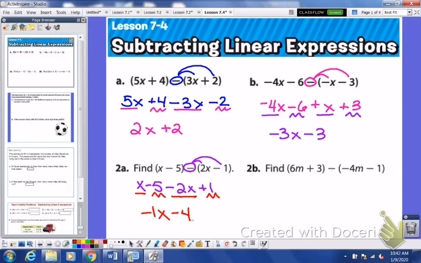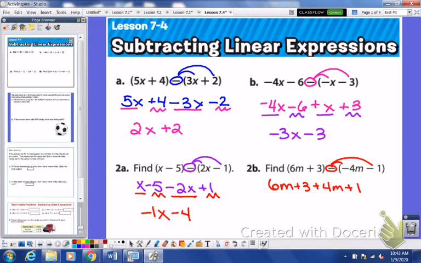And last one like this, 6m plus 3 minus negative 4m minus 1. Distributing this subtraction sign, we have 6m plus 3 minus our negative 4m, so plus 4m, then minus negative 1m, so plus 1. Again, we're just changing our signs because of that subtraction sign.